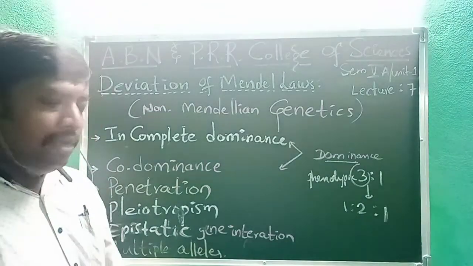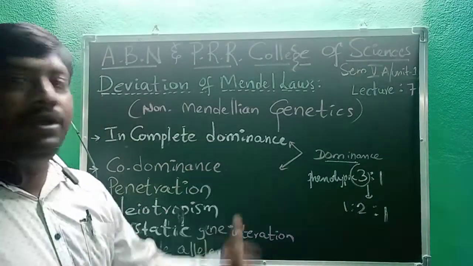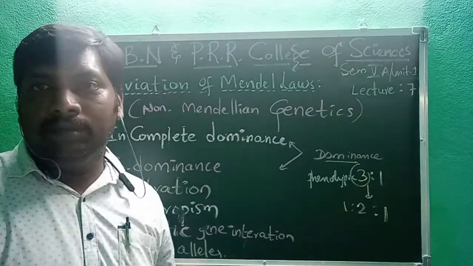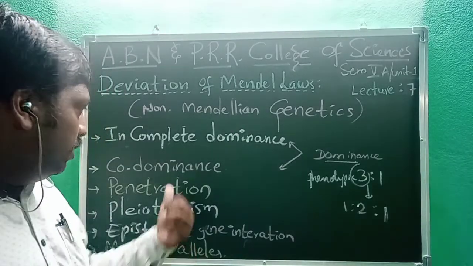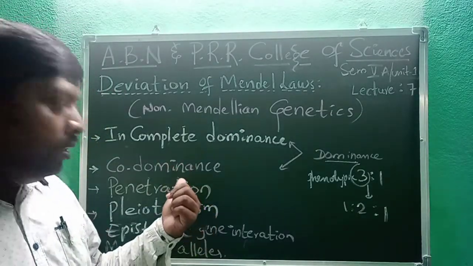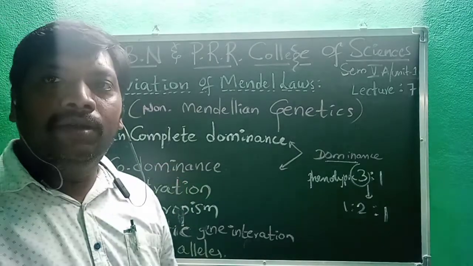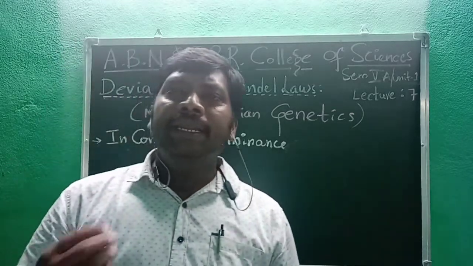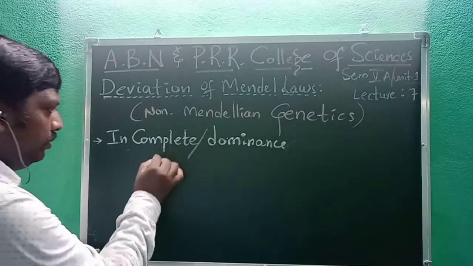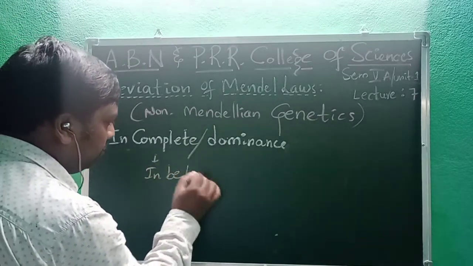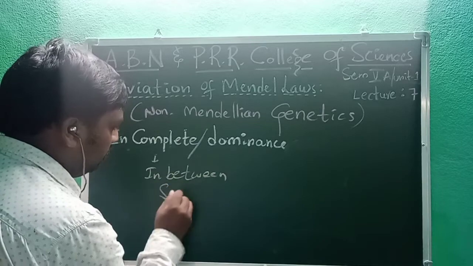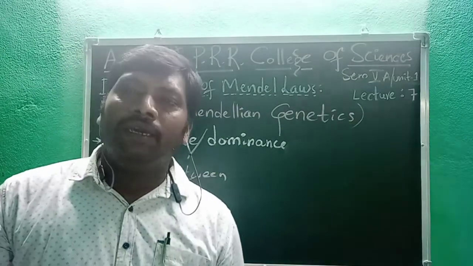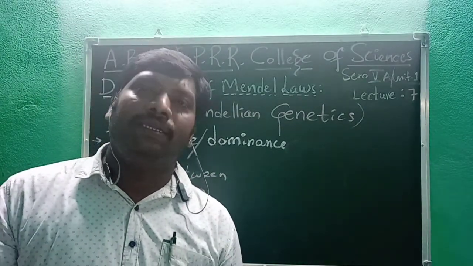Today I explain incomplete dominance. This is an essay question, incomplete dominance. It is a very interesting topic. Incomplete means in between or semi, so here partial dominance is present.